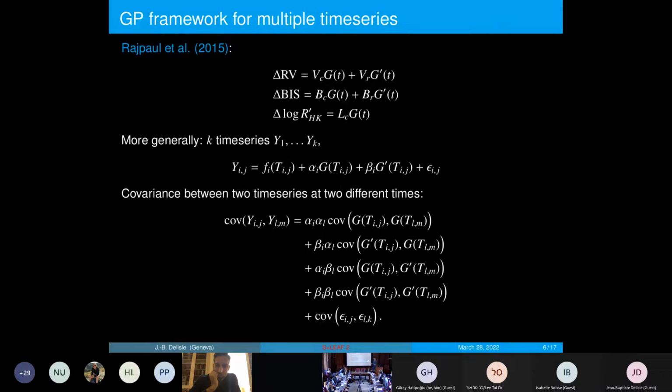So as Oscar explained, this use of the derivative of the Gaussian process is explained from a physical motivation, but it also allows to have some more flexibility in the model beyond just a linear correlation between the different indicators.